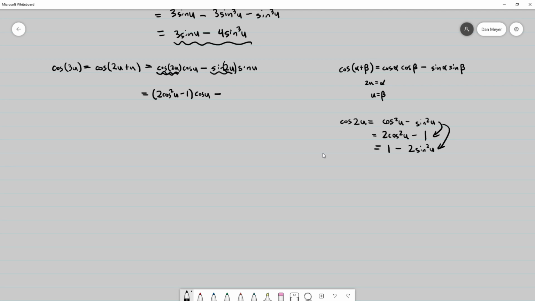We need to use our double angle formula for sine, which is 2 sine of u cosine of u, times sine of u. All right, so we have 2 cosine cubed u minus cosine u minus 2 sine squared u cosine u.